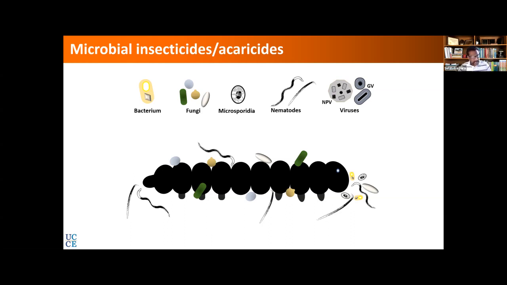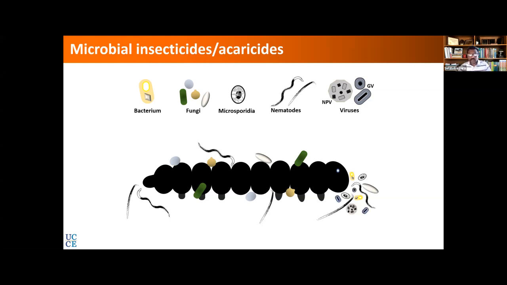Then they release these bacteria, and the bacterial activity actually kills the insect. Nematodes multiply inside the insect body, and when they complete 1 to 3 generations, they come out and search for new hosts.